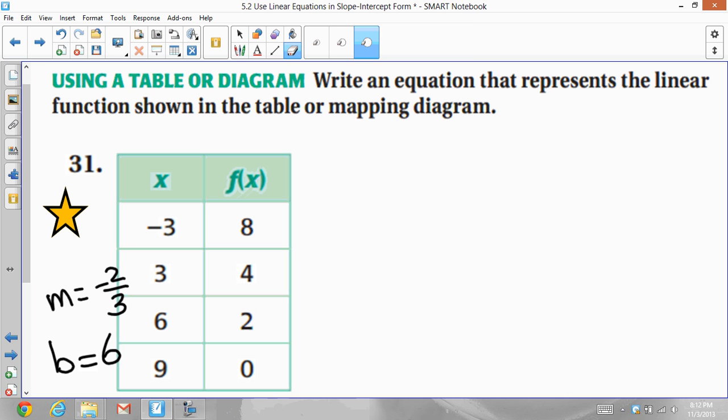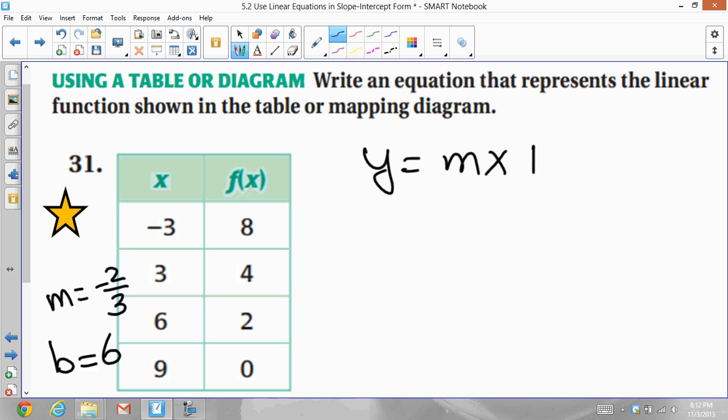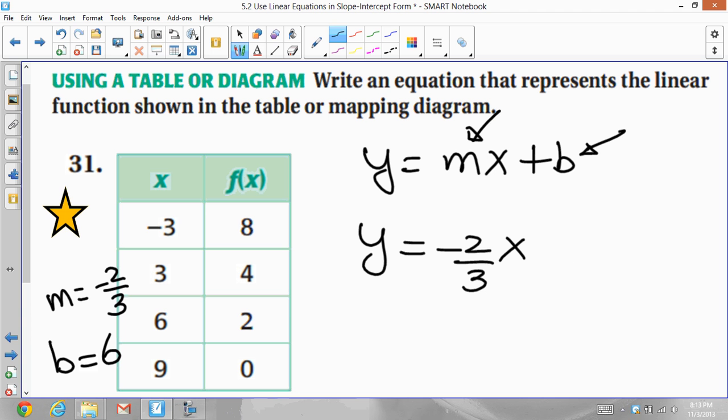So let's go back to y equals mx plus b and y is equal to, replace your slope by negative 2 over 3x, replace your y-intercept with positive 6. Do not forget the positive sign or else you're going to look at us a different way. So make sure that you have a sign for your y-intercept, and this is the answer for question number 31 where you got the equation.